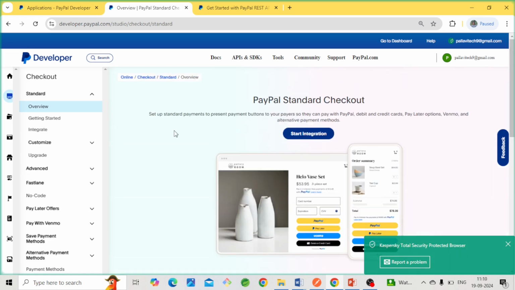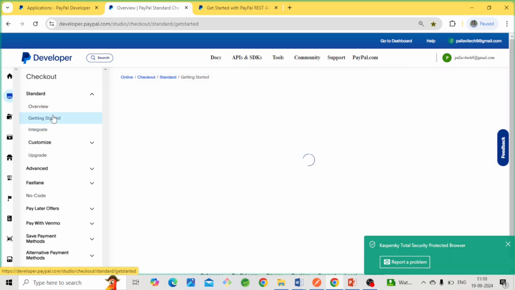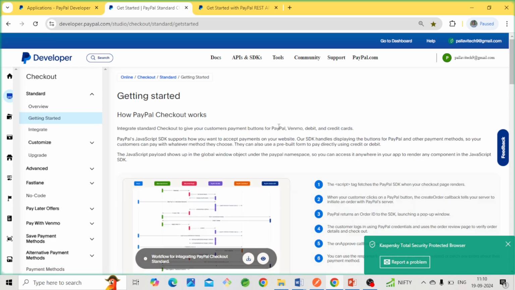Now we will go through Getting Started: how PayPal checkout works, which we just discussed. Integrate standard checkout to give your customers payment buttons for PayPal, Venmo, debit and credit cards.